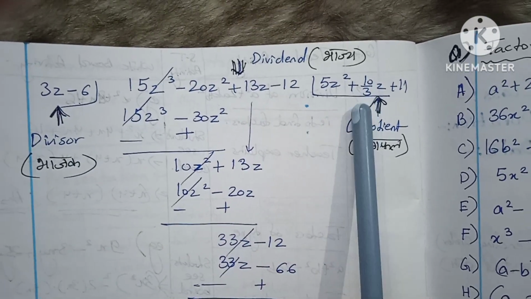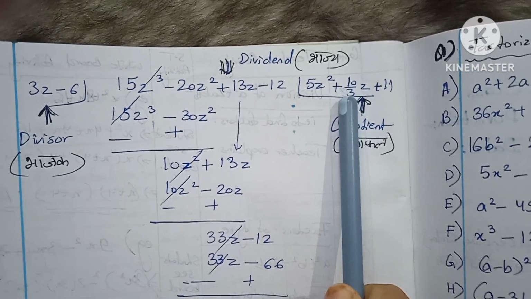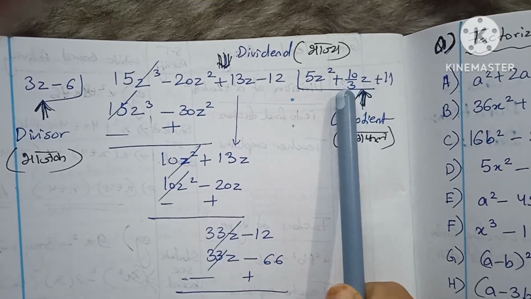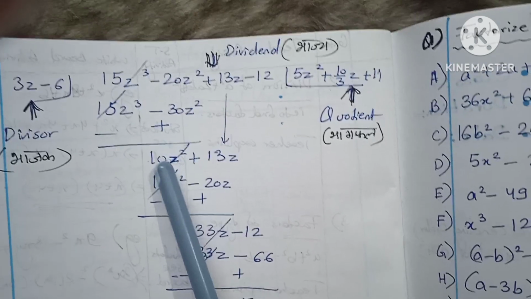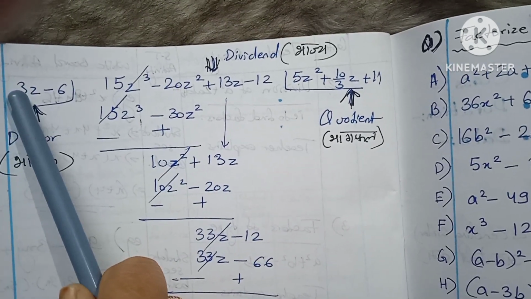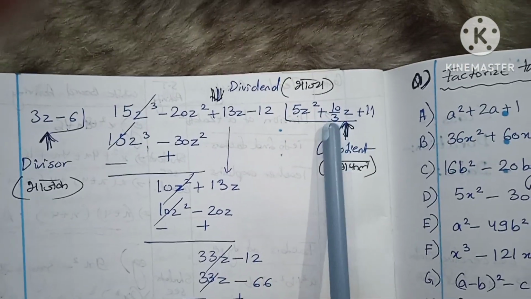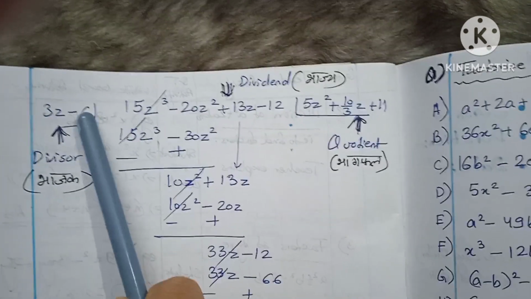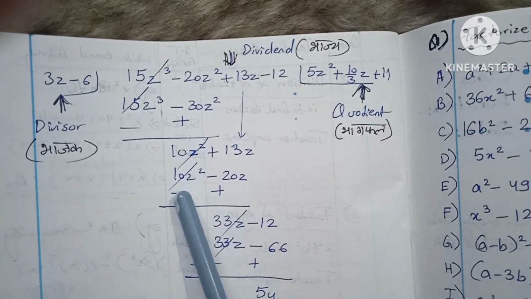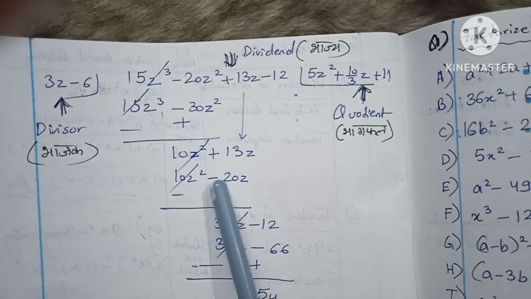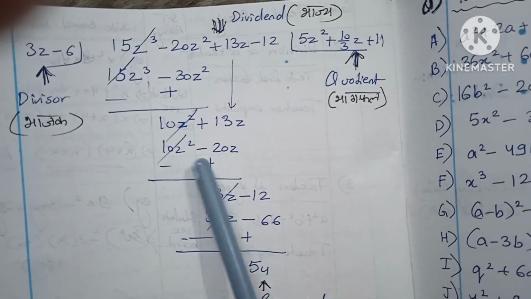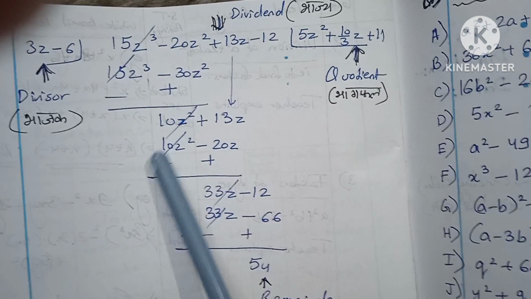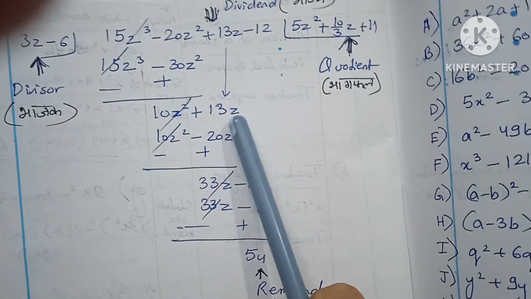That is why I have multiplied by 10 upon 3z, and we get 10z square. Multiplying the whole expression by 10 upon 3z, I get 10z square minus 20z. Again, we change the signs and cancel these terms to get 0.